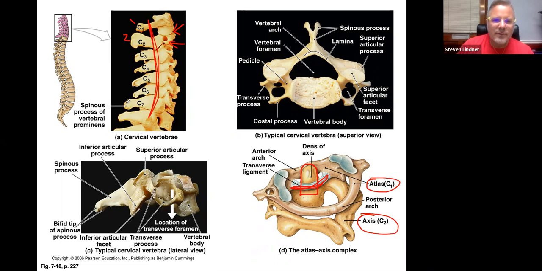The last cervical vertebra has the largest spinous process. That's your C7. Atlas has the widest transverse process of the spine. It's pretty neat. They all have holes called transverse foramen. You can see here on the bottom right, there's a transverse foramen for the vertebral arteries to go through.